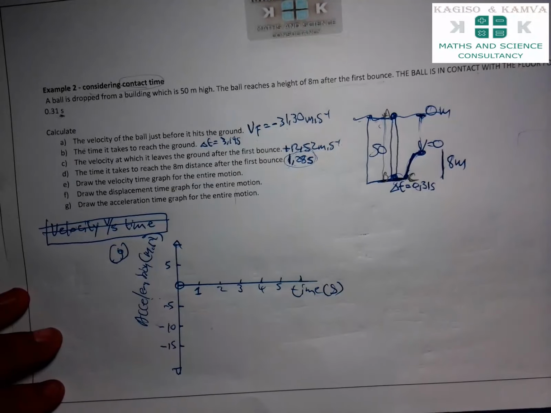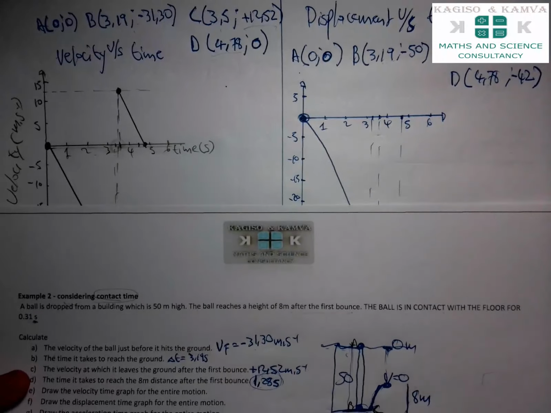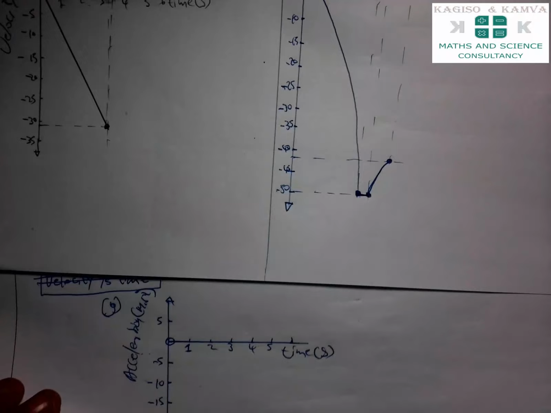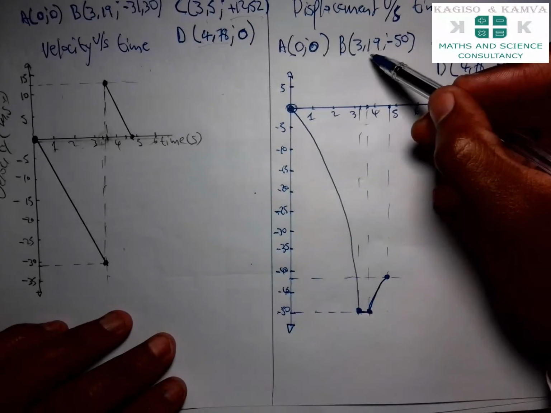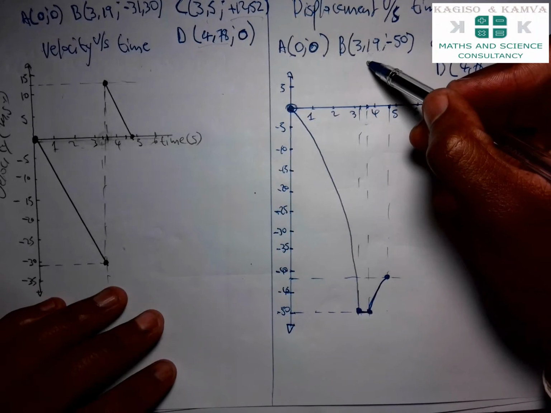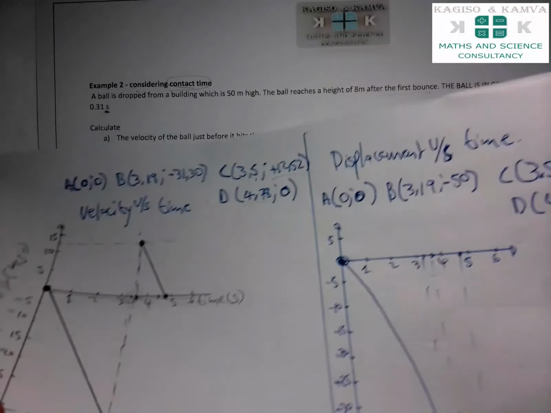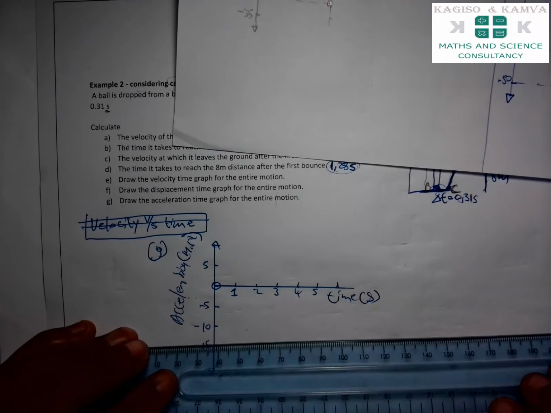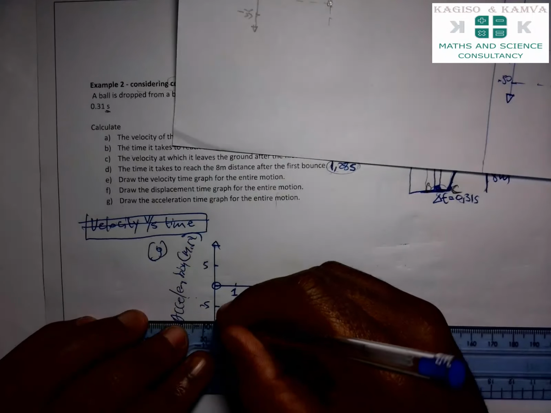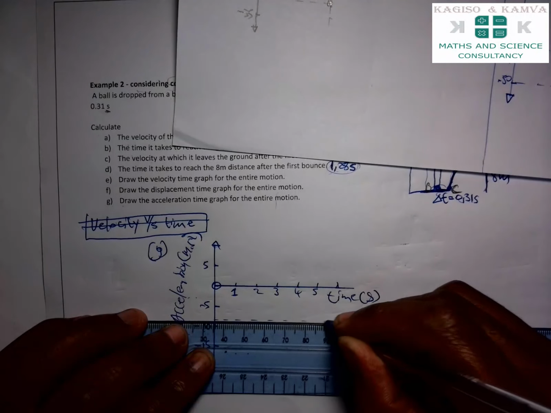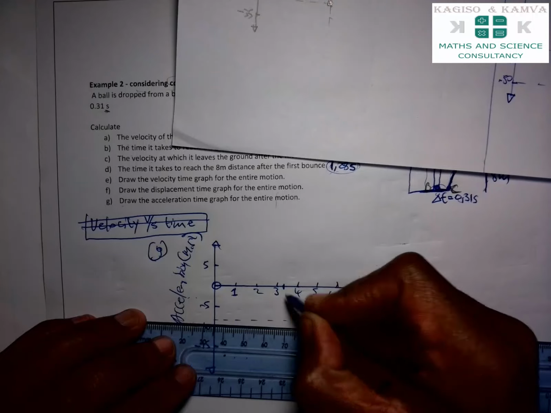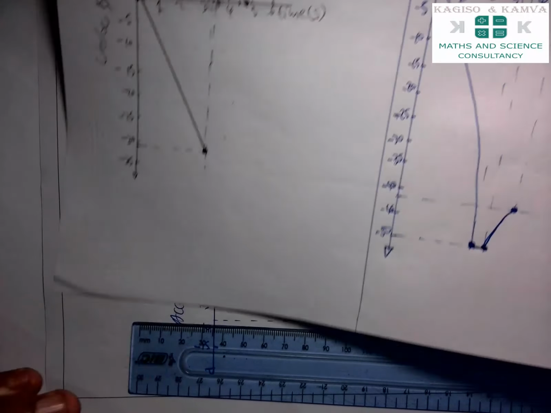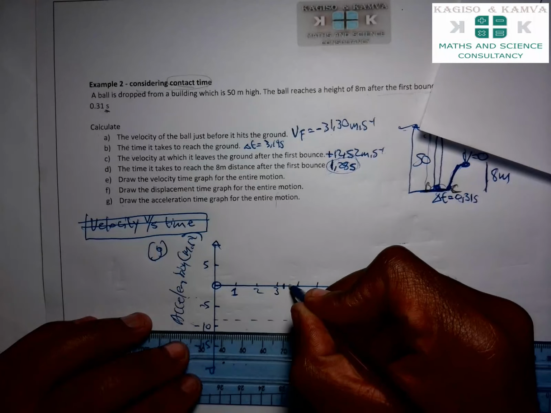Okay, now from our graphs we have the times. So here at 3.19, that is when it is at the ground. So this is going to be our 9.8, the gravitational acceleration. Then it leaves the floor at 3.15, somewhere here.